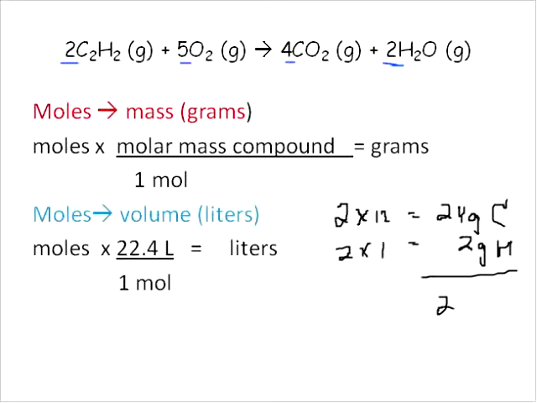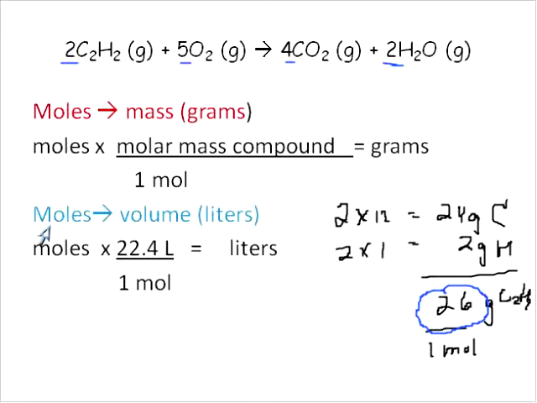So we'd have 26 grams of C2H2 per 1 mole. This is the molar mass of C2H2.